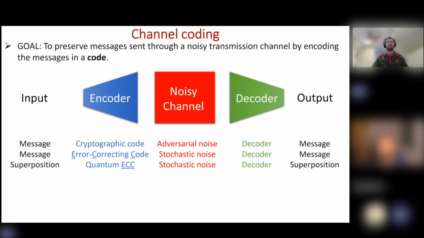I guess I should also put here quantum cryptographic code, but I don't know much about that. And this quantum code is also designed to protect against local random fluctuations in your channel. The code should be designed such that on the output, after decoding, the receiver receives the same superposition that was intended to be sent by the sender.